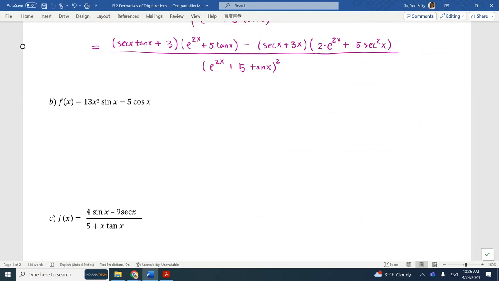Who does not have the chapter 13 concept map? Do you all have the chapter 13 concept map? You're welcome.